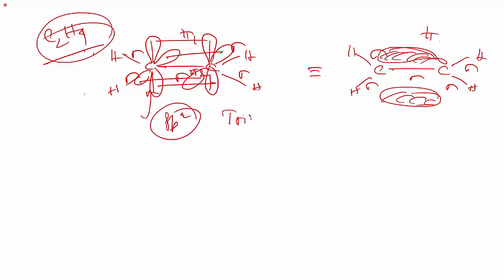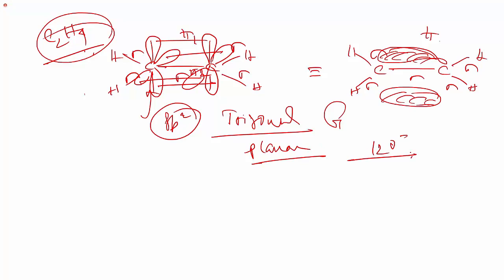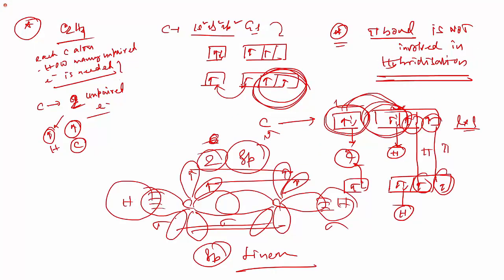It is trigonal planar geometry. The angle is 120 degrees. The sp hybridization geometry is for C2H2.